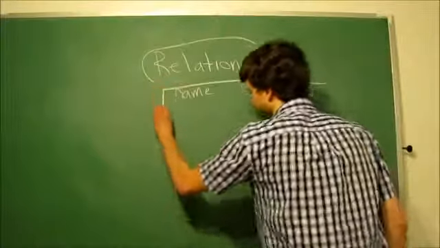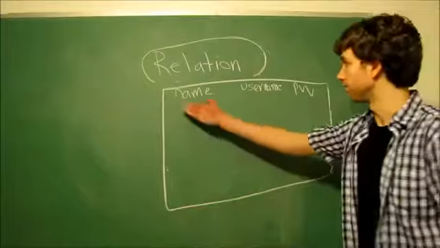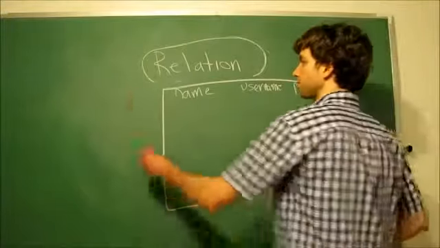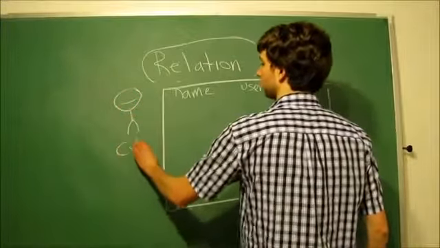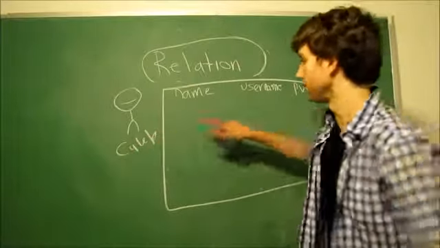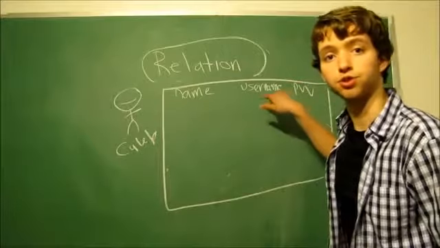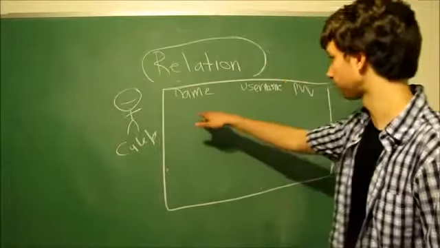We store this in a table. So these are the things we need to connect with this person over here, which we named Caleb. And I accidentally erased him. Whatever. We'll just leave it at that. So that's Caleb, and we want to store this information in this table, which is a graphical way to illustrate how we're storing data in a database.